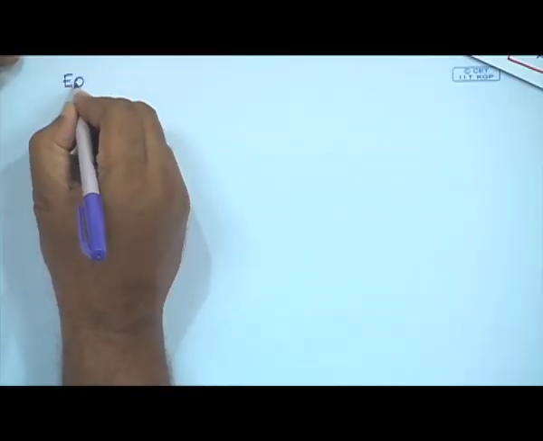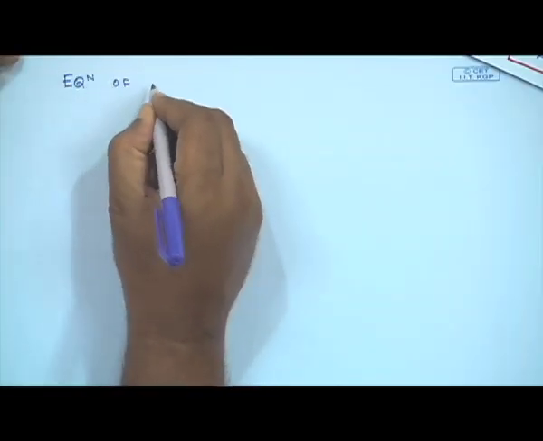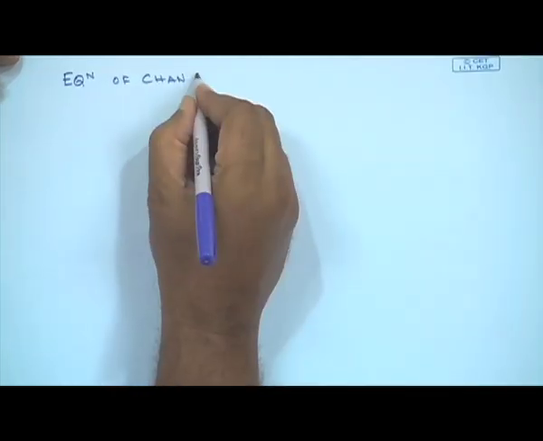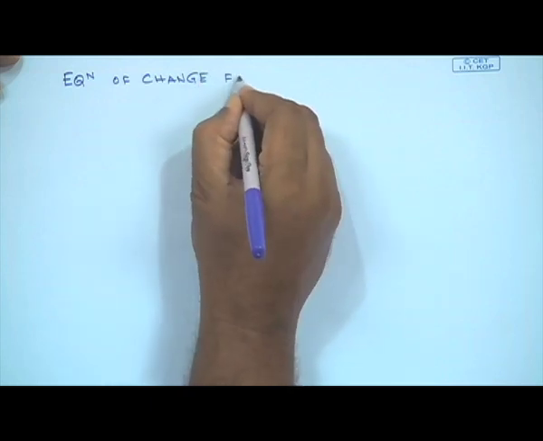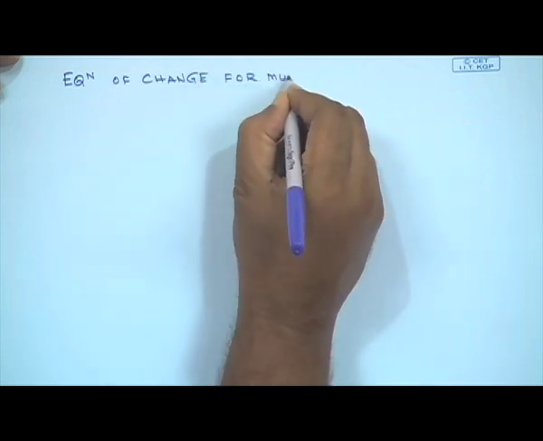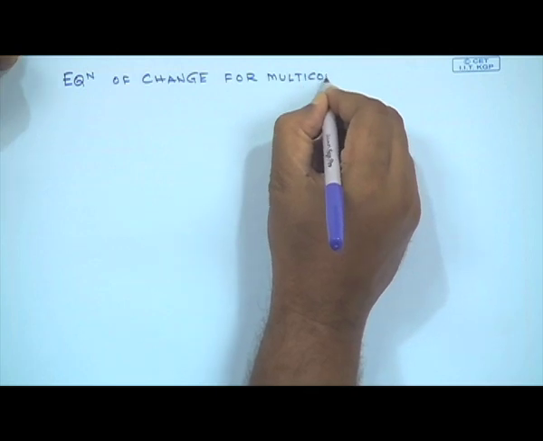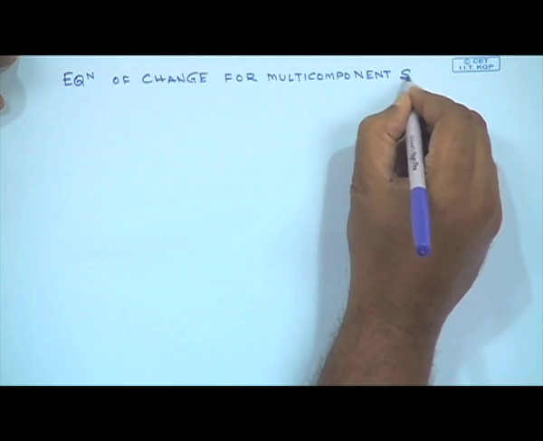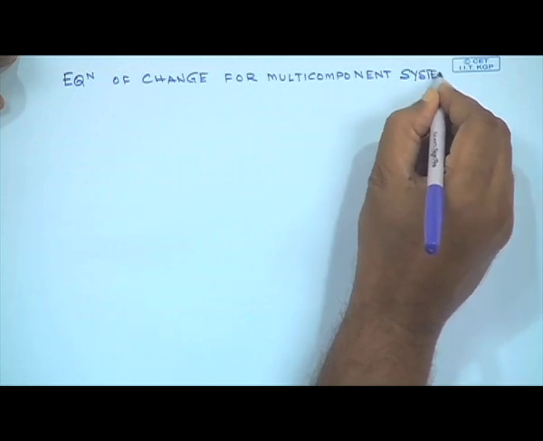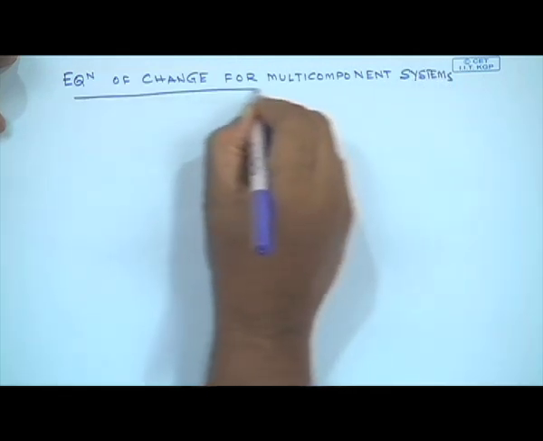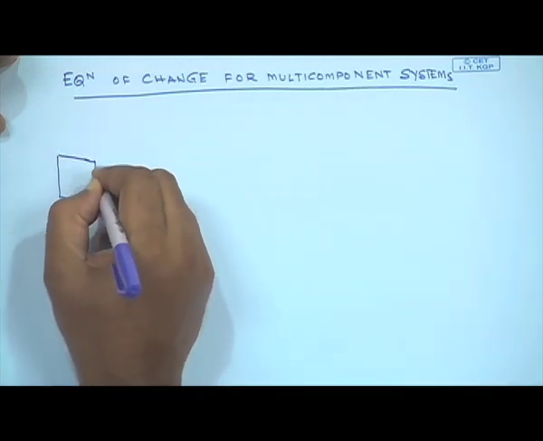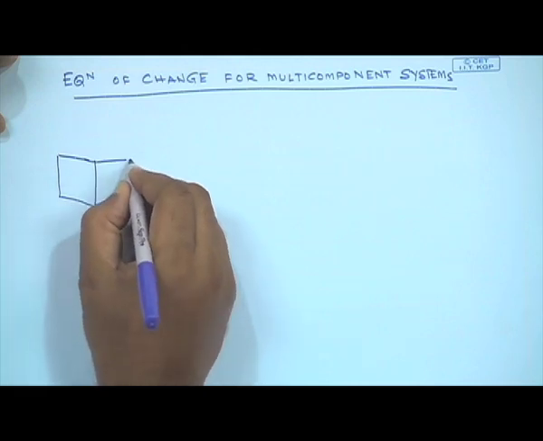So what we are doing is then the equation of change for multi-component systems. And for that, I am not going to draw everything here because we have done it extensively for other cases.